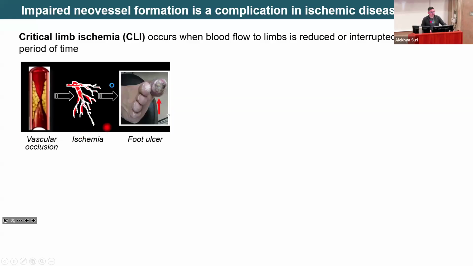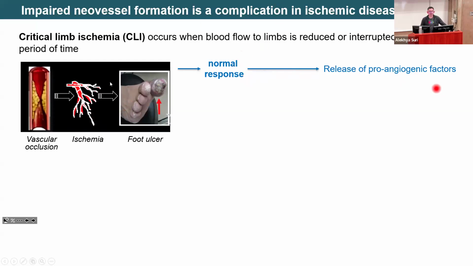The lack of oxygen, which is called ischemia, may lead to tissue damage in the form of necrosis. So under normal circumstances, when there's a period of prolonged ischemia, and when blood flow is basically interrupted, the normal response of the tissue is to release molecules that are called proangiogenic factors.